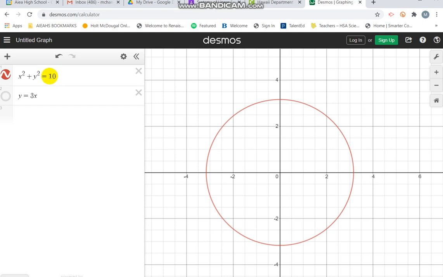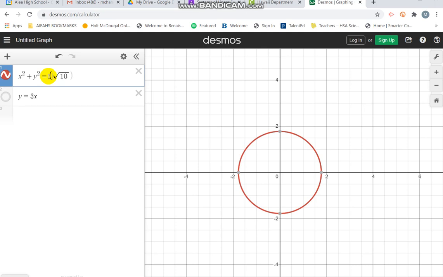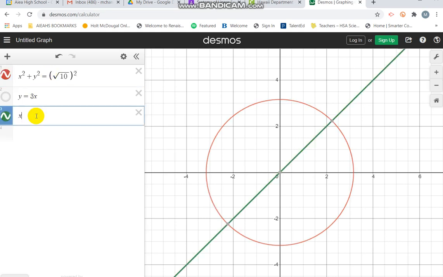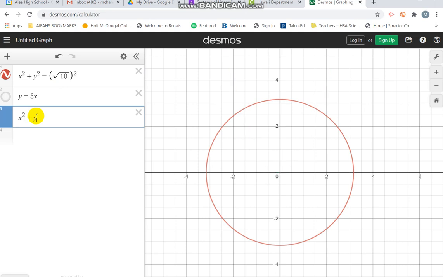So if I put square root, and 10 goes in here, and then I put parentheses here and here, that gives you the exact same thing that I showed you earlier, like x squared plus y squared equals 10. You see, the green just goes over the red. So it's the same thing.